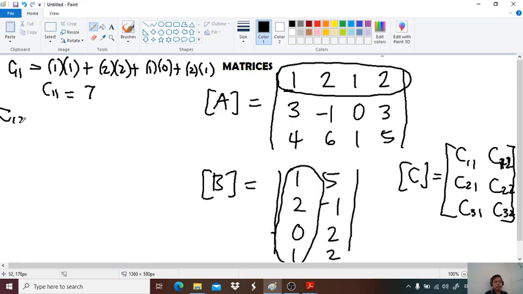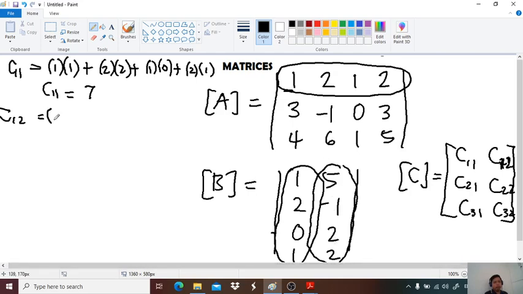Next, C12. When we say C12, that is your first row and second column. So this is the second column, and we're going to use the first row of A. So we have 1, 2, 1, 2. And for B, we have 5, negative 1, 2, 2.